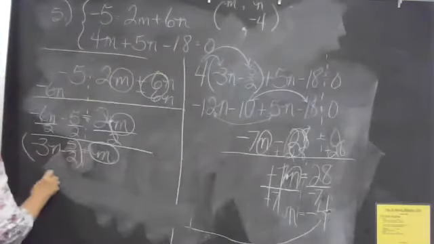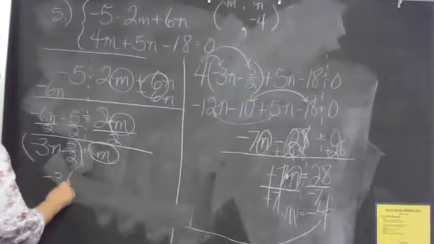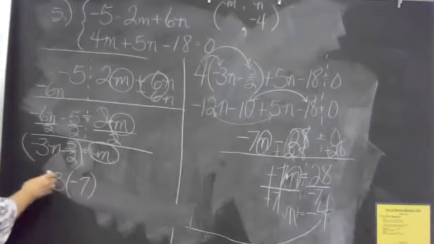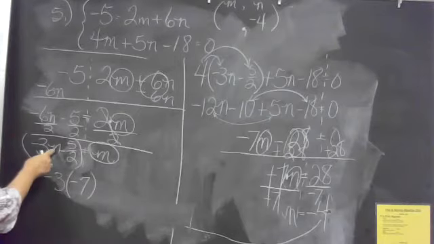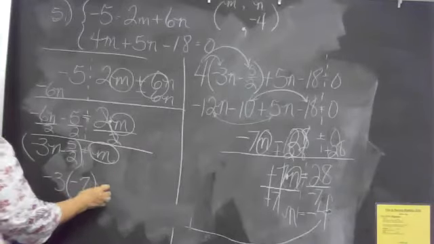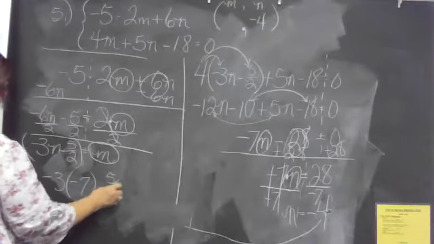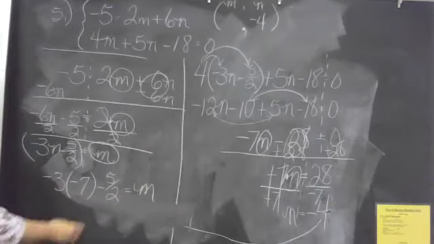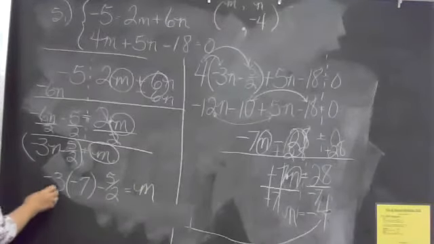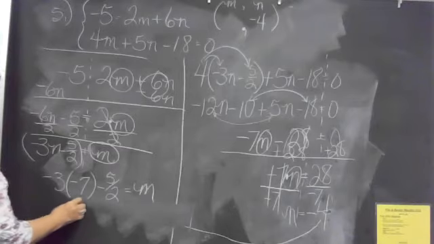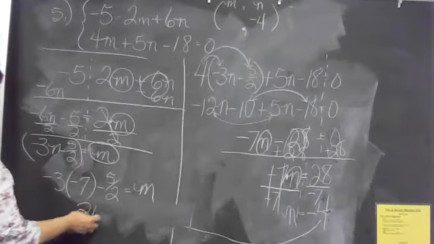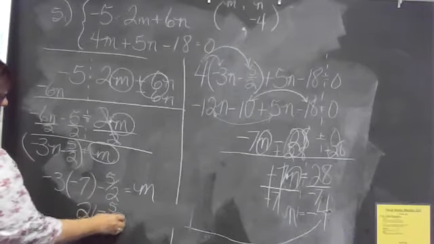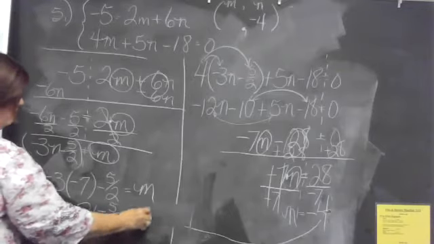I'm going to say negative 3 times negative 7, minus 5 halves is going to be equal to m. So all I have to do is use my calculator. Negative 3 times negative 7 is 21, minus 5 halves equals the value of m.